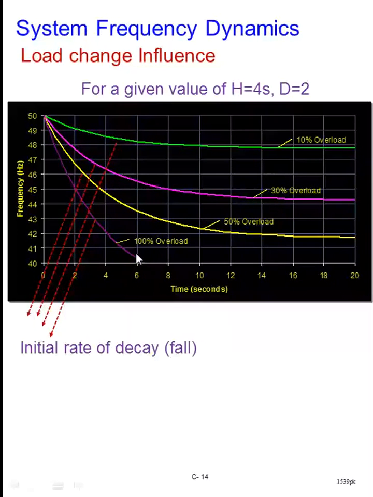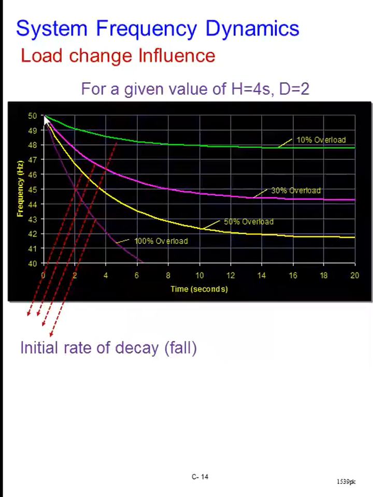And suppose suddenly you have a 100% increase in the load. Let's say at a given instant your frequency was 50 hertz and your generation matched the load. Let us assume your generation was 1000 megawatt and your load was also 1000 megawatt, so the frequency was maintained at the nominal value of 50 hertz.